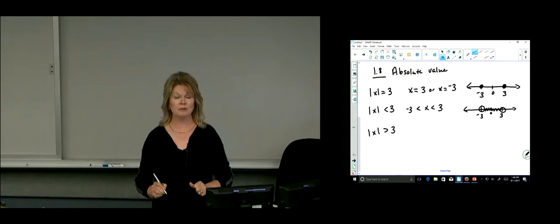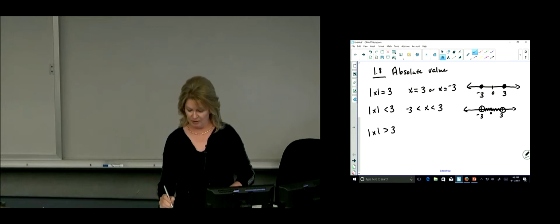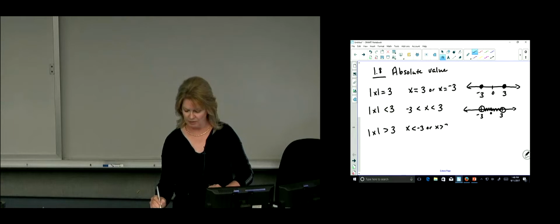And then if I have the absolute value of x is greater than 3, I want all the x's whose distance from 0 is more than 3. So I'm going to write this down in two separate ways. My x is going to be less than negative 3, or my x is going to be greater than 3.